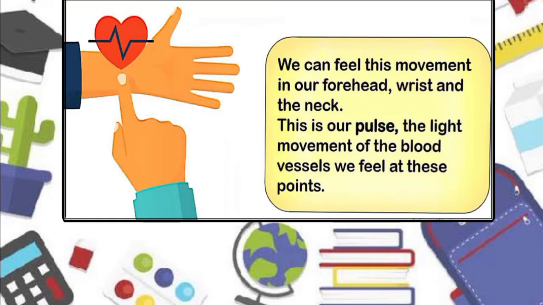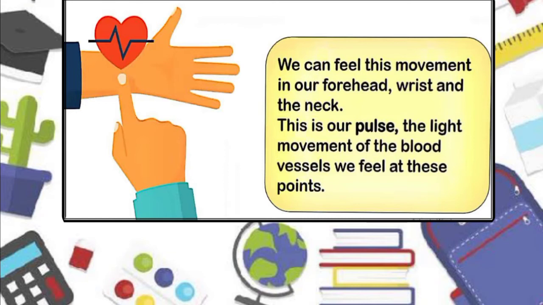The number of times a heart beats in a minute is called the heart rate or pulse. We can feel the pulse in our body at those places where an artery passes close to the skin.